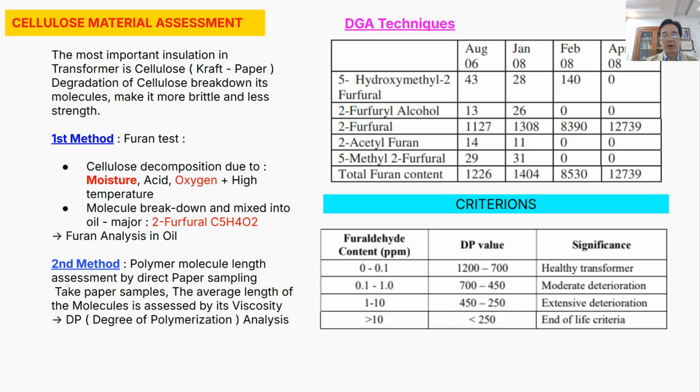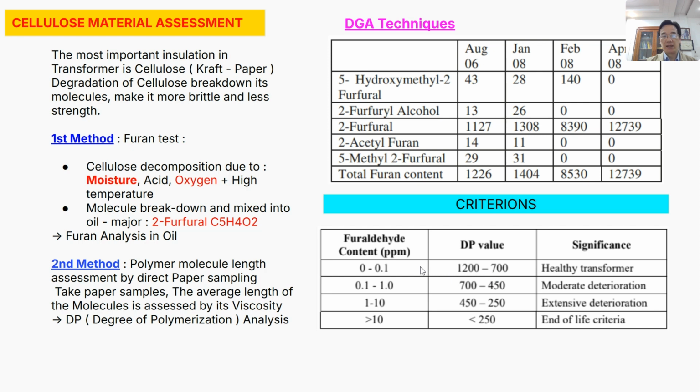And here we have more than 1000 ppb. Then in this table, we have the equivalent, we convert the ppb into ppm. Then we have the equivalent ppm of furfuraldehyde to DP value.